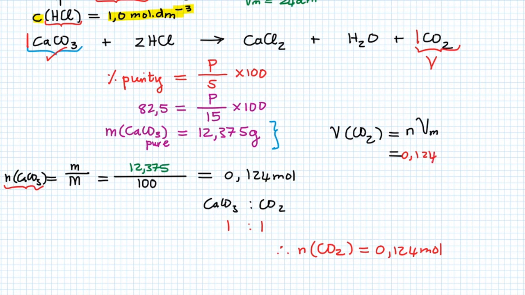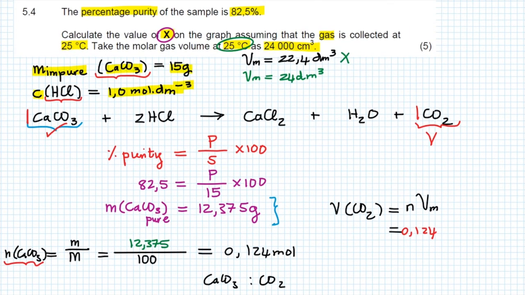The molar gas volume is the molar gas volume that has been provided to us, which is 24 decimeters cubed. Please do not use 22.4. When we plug this into our calculators, we find out that the final answer is 2.98 decimeters cubed, and you're more than welcome to round this off because it is the final answer to this question.